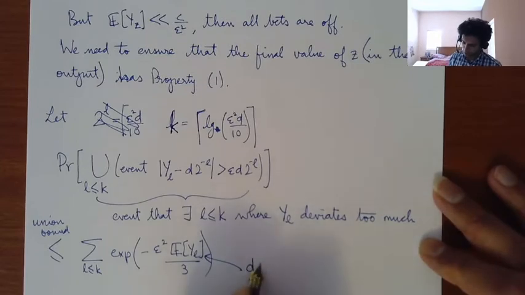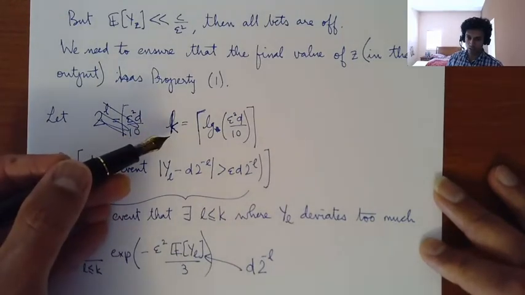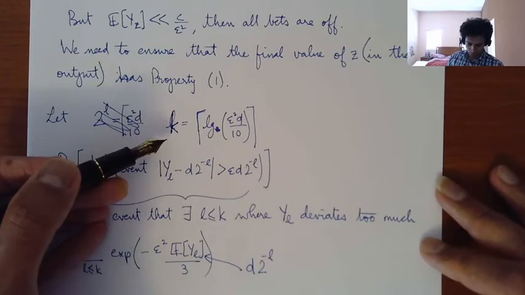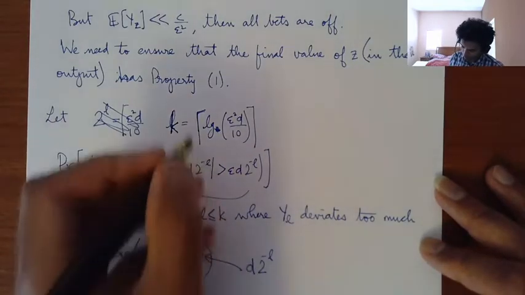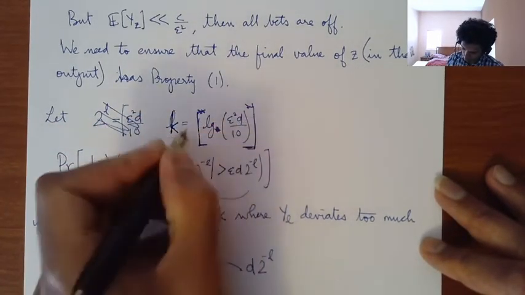It's d times 2 to the minus L. Now, I chose L to be less than k, and therefore, maybe instead of a ceiling here, let me put a floor.